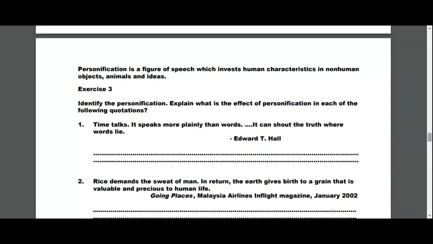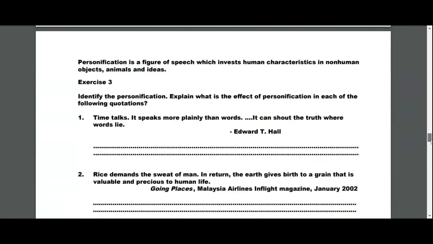So in this exercise, identify the personification, explain what is the effect of personification in each of the following quotations. The first quotation is lifted from Edward T. Hall's writings.